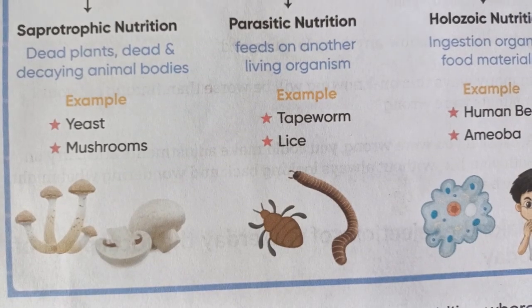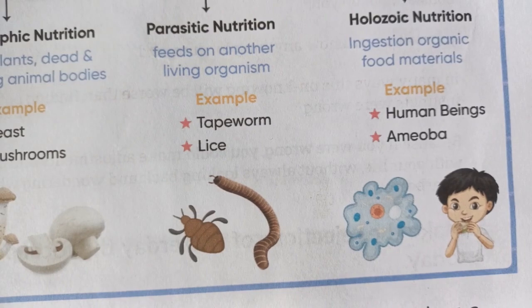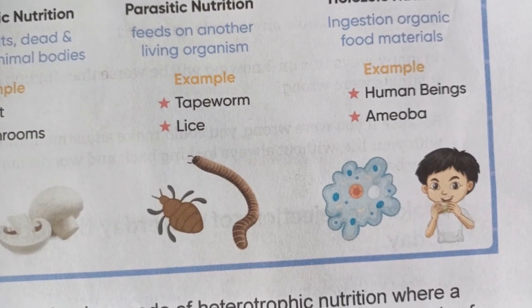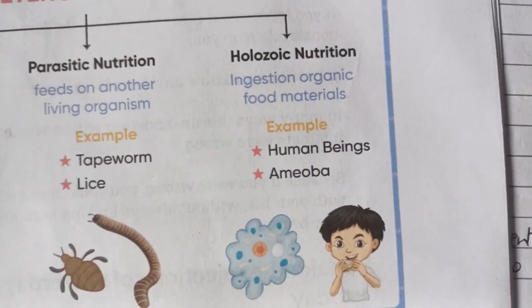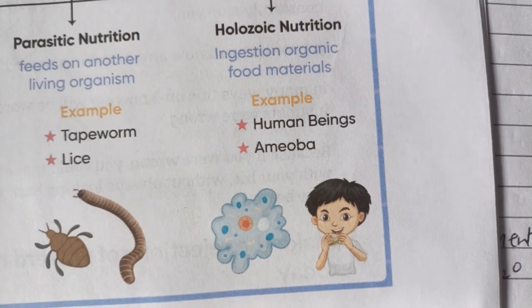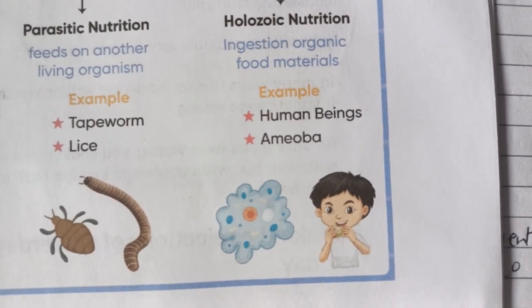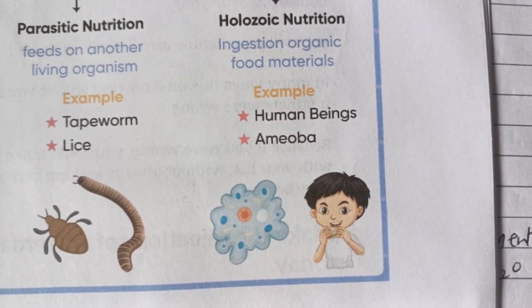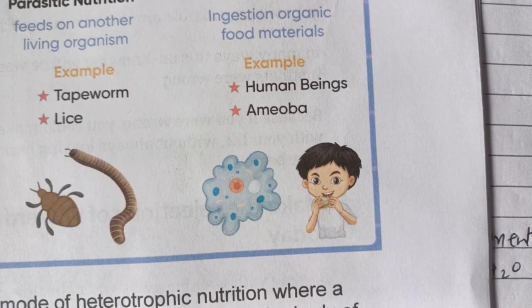Then parasitic is feeding on another living organism, like tapeworm or lice. And holozoic nutrition is ingestion of organic food material like we do, for example human beings or amoeba.